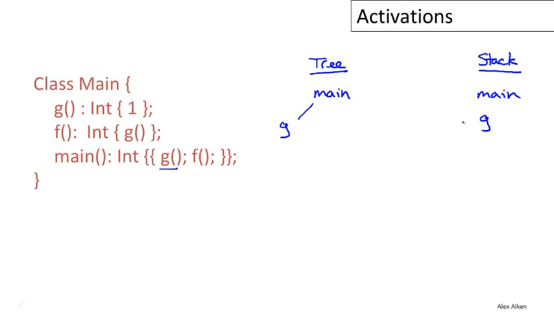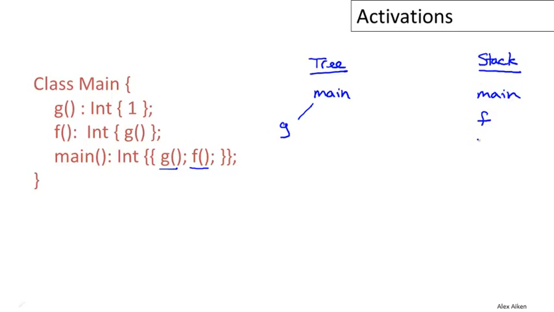And then G returns, and what that means is that G is no longer running, and so G would get popped off the stack, and then the main procedure calls F, and so F would get pushed onto the stack. You can see here that after G finishes, we can pop it off, and then we can push on F, and we maintain the invariant that we have a stack of the currently running activations.